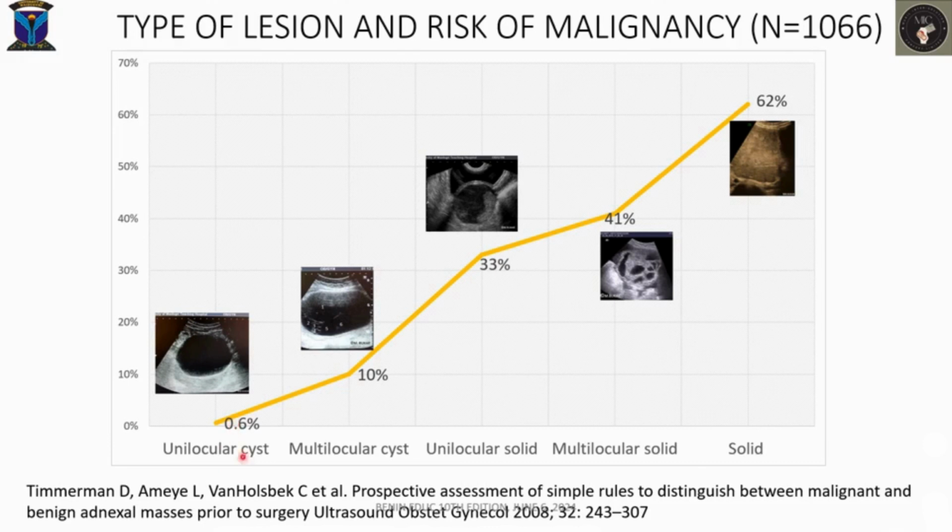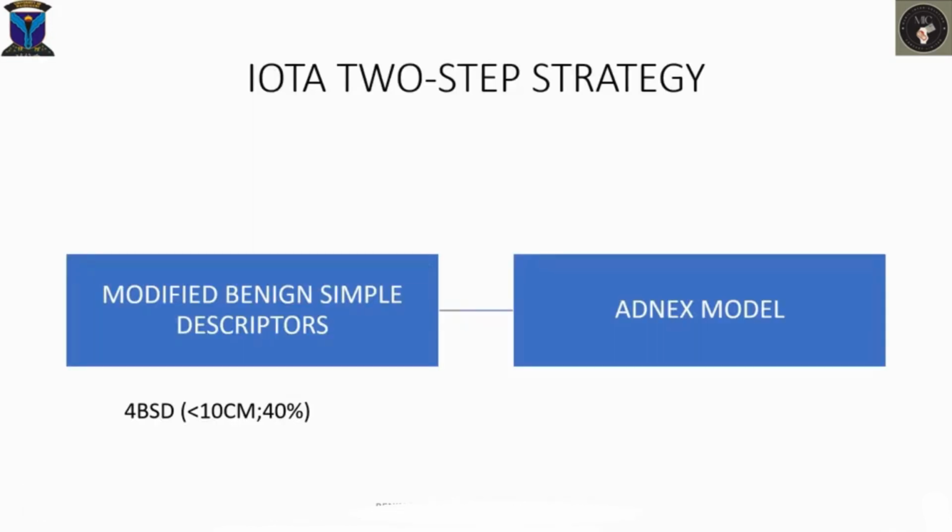And that is why benign simple descriptors apply only to unilocular cysts. Once you have multilocular cysts, look at the risks of malignancy. When there is a solid component, the risk of malignancy increases.